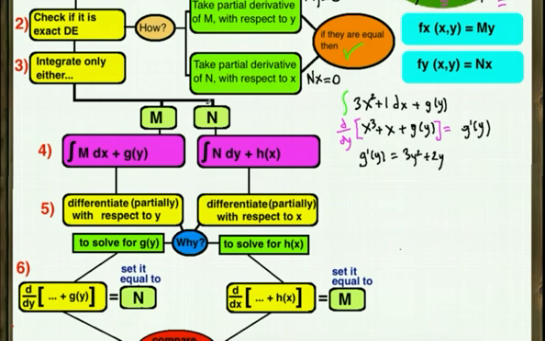If you follow the other path, then you had to integrate N with respect to y, add some function h(x), differentiate it partially with respect to x, and then to solve for h(x), set it equal to, this time, the M part of the function. So whichever half you integrate, you set it equal to the other half.